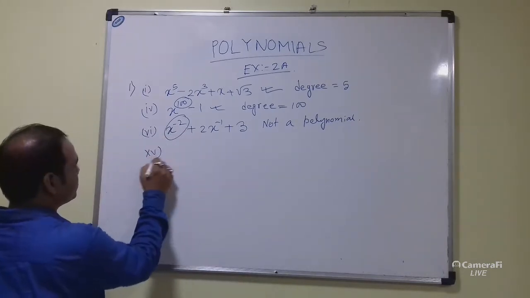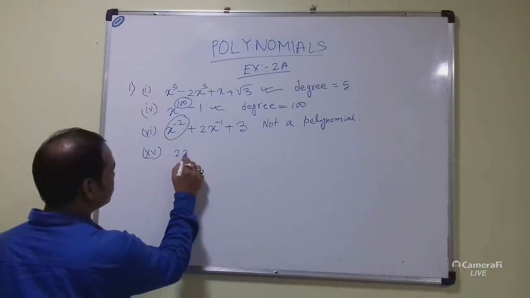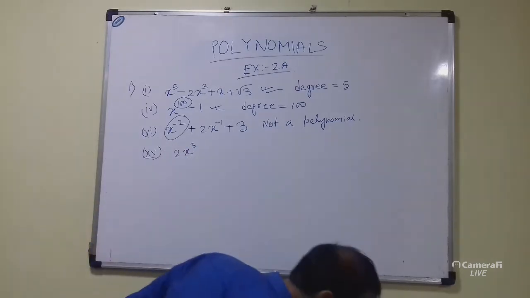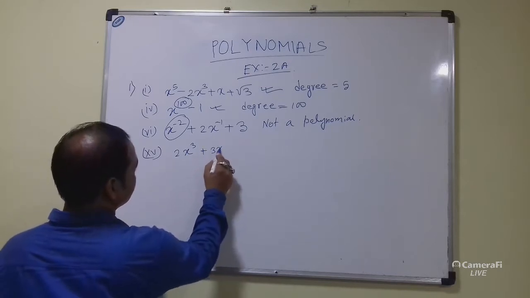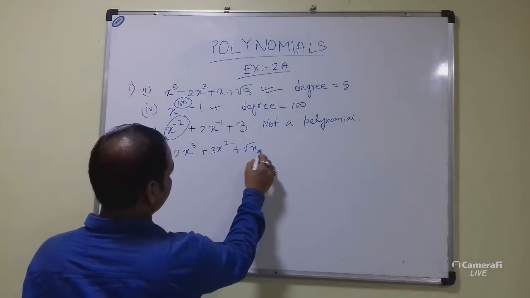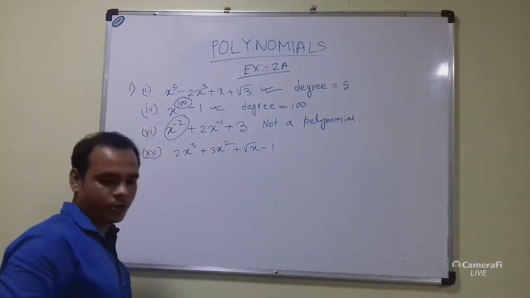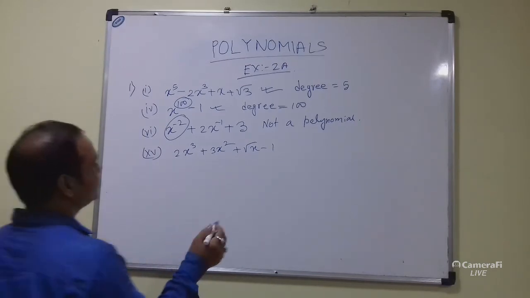And problem number 15 is 2x cube plus 3x square plus root over x minus 1. Is it a polynomial, students? Tell me, is it a polynomial?